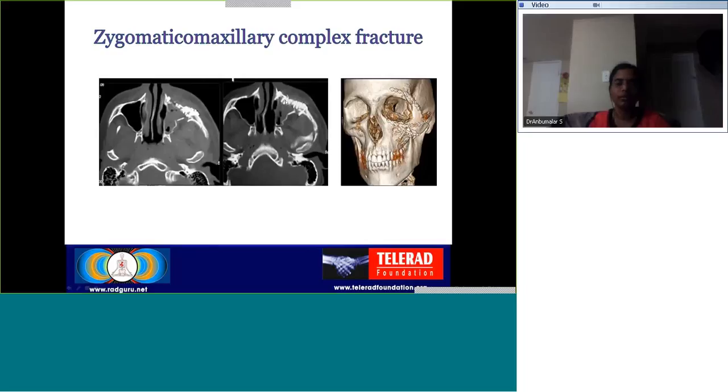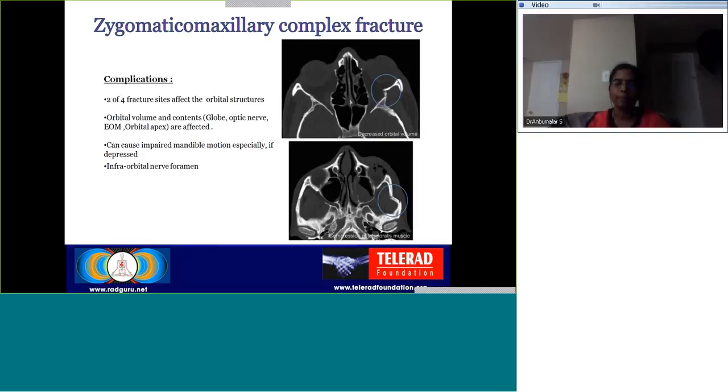The surgeon is mainly oriented towards the anterior wall of the maxillary sinus reconstruction, that is, the alignment of the zygoma with the maxillary sinus has to be retained, taken back to the normal position as that of the contralateral side. And if there is an orbital floor fracture, that has to be sealed, otherwise the orbital contents may herniate into the maxillary sinus and cause complications.